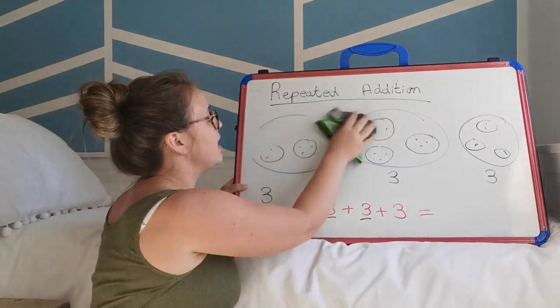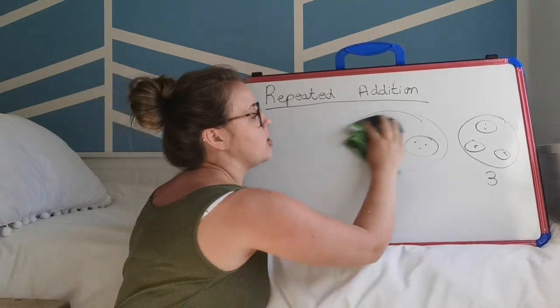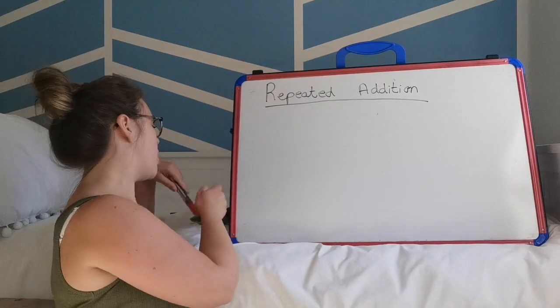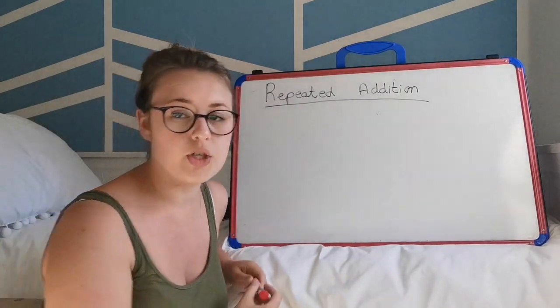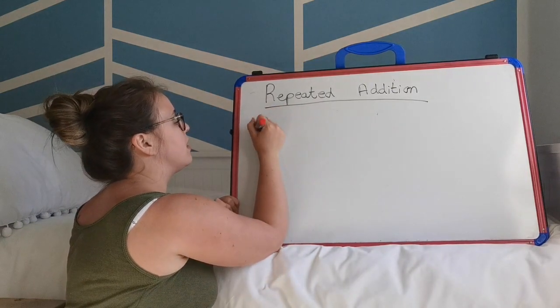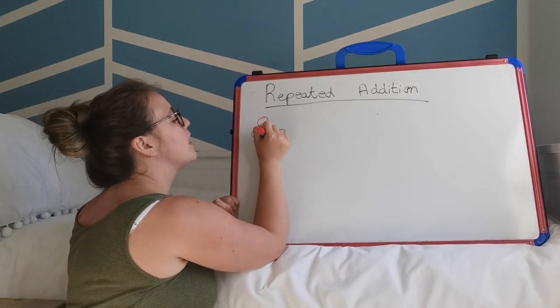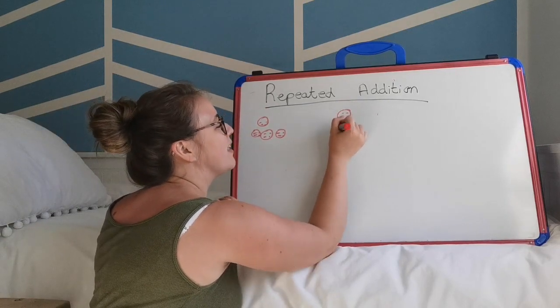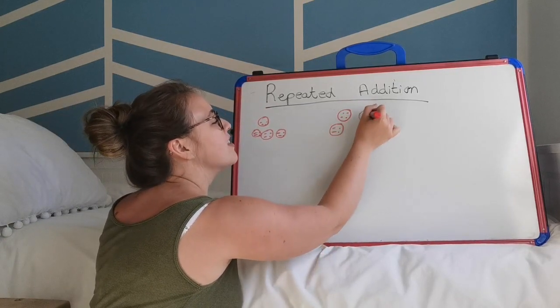So a really simple way to then transition into repeated addition would be to look at how many groups you have got. So say this time I've got buttons. I'm just thinking of what's really easy for me to draw here. I'm no artist.